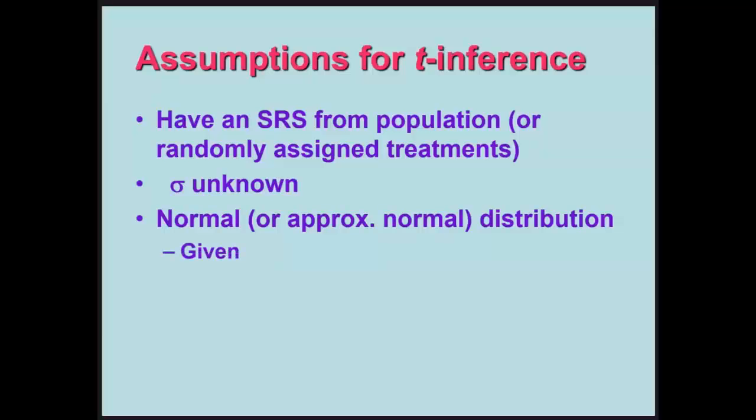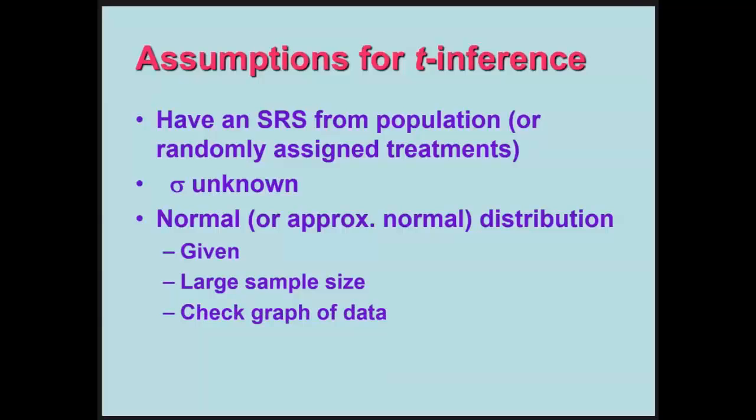Now, we can establish this by saying we're told it in a given sentence in the problem. We could have a large enough sample size, meaning 30 would be enough. Or we could check the graph of the data to ensure that it is normal, and this could be done through histograms or box plots or normal probability plots.